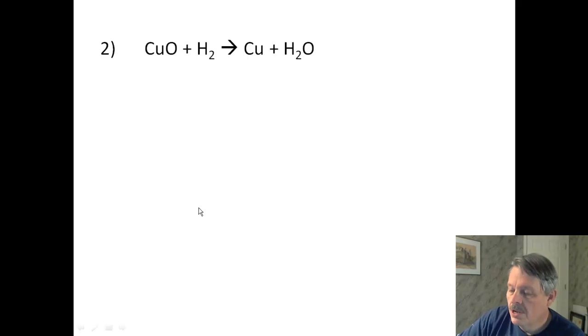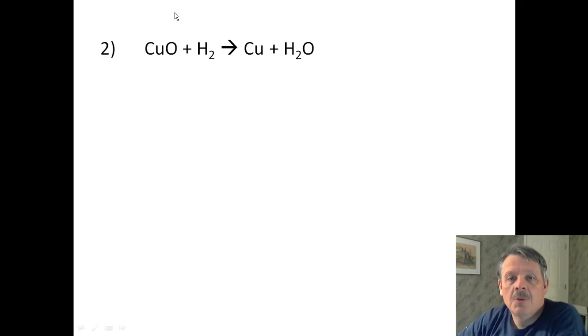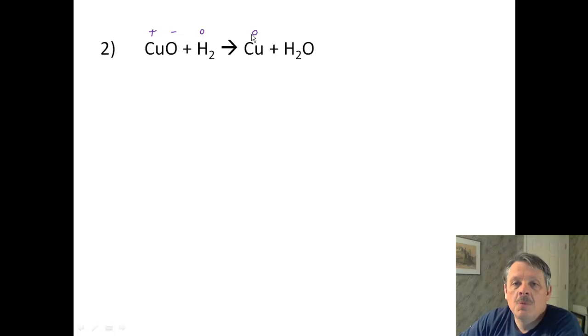Alright, so I'm going to do these a little bit faster. I'm not going to spend a lot of time on each. Copper is positive, oxygen is negative, hydrogen has no charge. Copper, because it's an element, has no charge, hydrogen is positive, oxygen is negative. You'll notice that oxygen is negative both times, so that doesn't change.